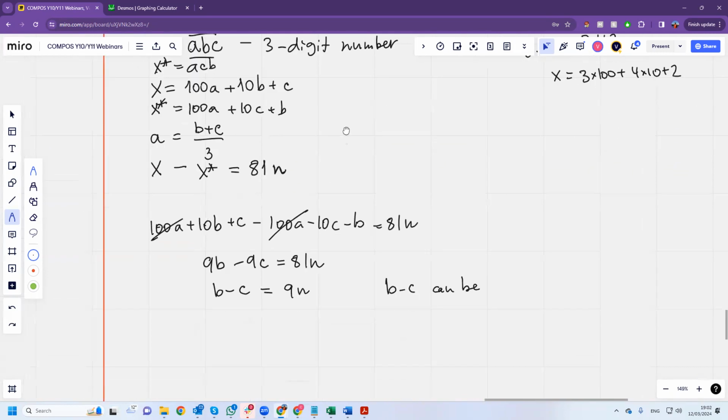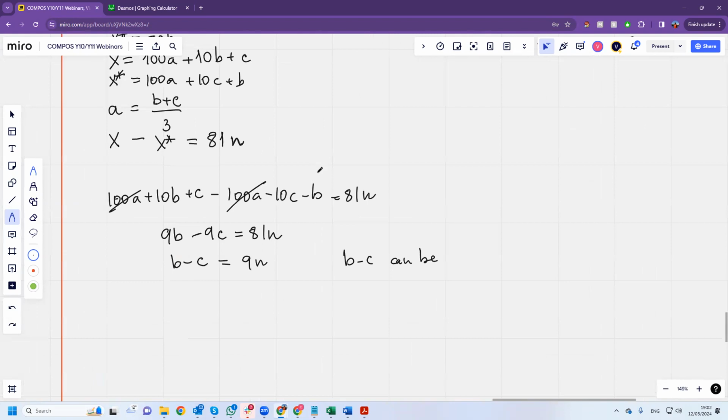That it is non-negative. Ah, okay. So B minus C can be 0, or it could be 9. Can't be anything else. So we have B minus C equals 0, or B minus C equals 9. There's two possibilities.